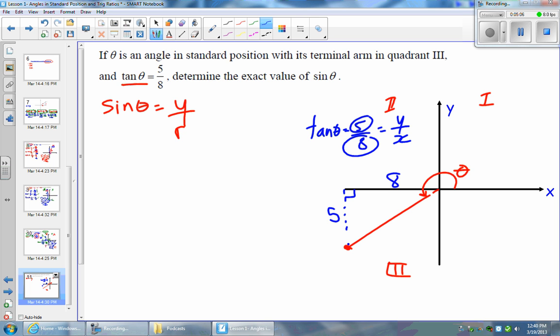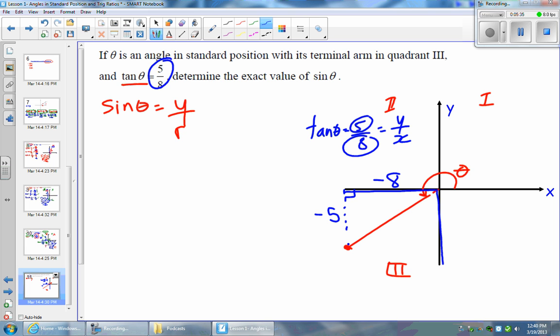But this question is a little bit of a tricky one because we need to be careful with the signs here. We're working with quadrant 3, so all my x values are going to be negative, and also all my y values are going to be negative. So this is actually negative 8, and this is negative 5. When we divide those, we get a positive, and that's why this tan ratio is positive 5 over 8. So when you're doing your questions, you've got to make sure you know which quadrant you're working in and the signs of each of your values.